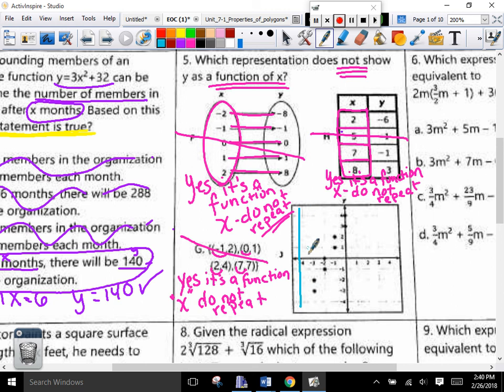So just straight up and down. Boom, I touched 2 points. Boom, I just touched 2 points again. Boom, 2 points. I touched 2 points here, here, here. So this one is not a function.